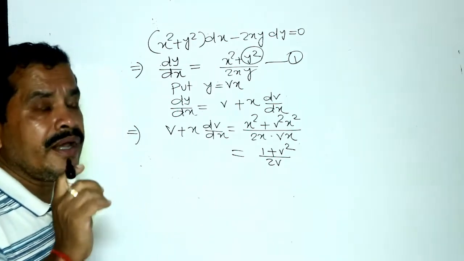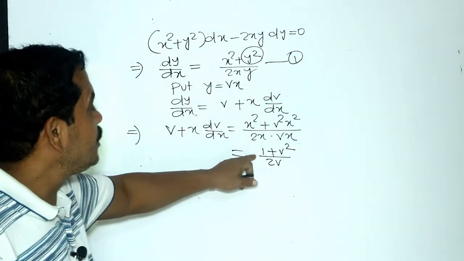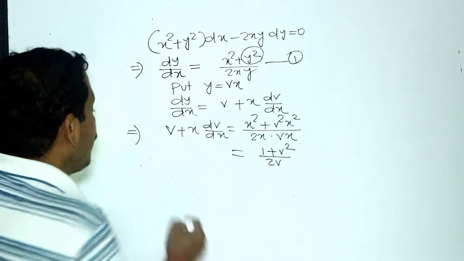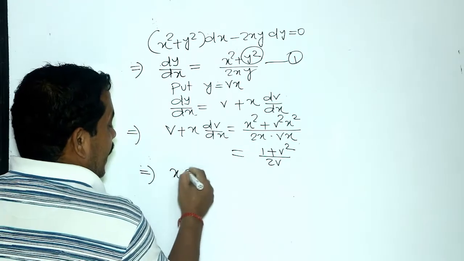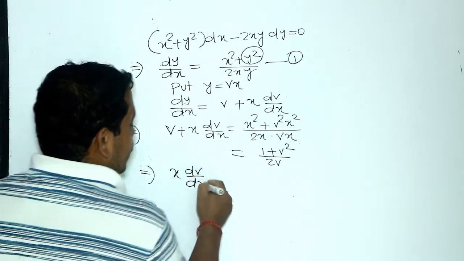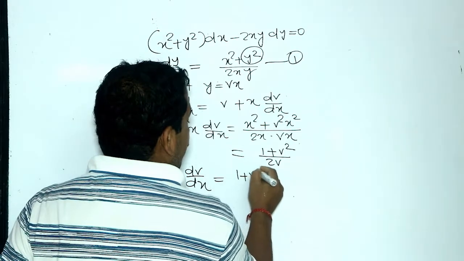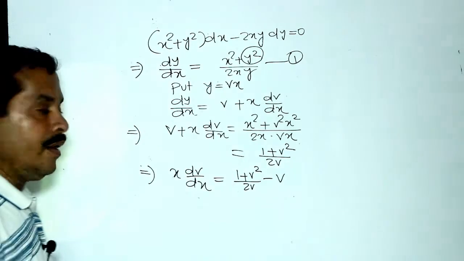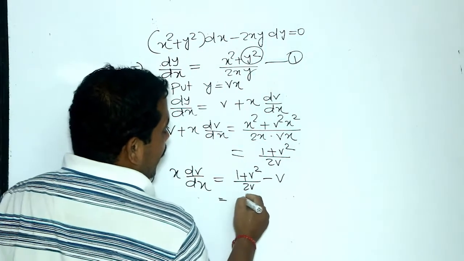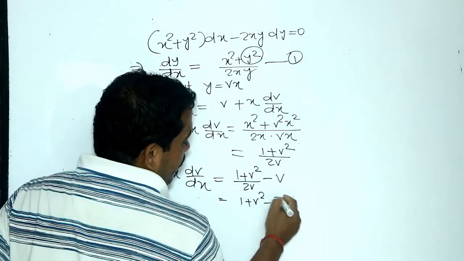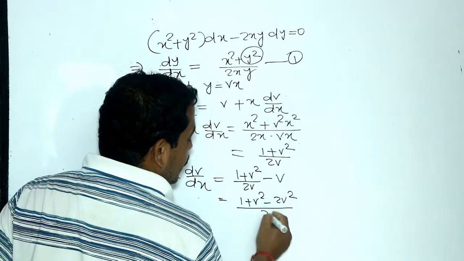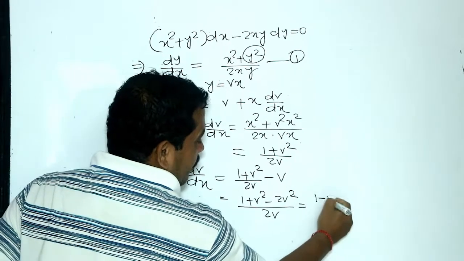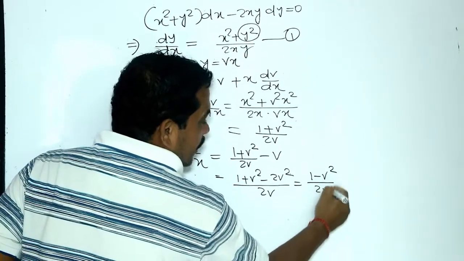So cancelling x², the right hand side is (1 + v²)/(2v). Then we find x dv/dx, which is (1 + v²)/(2v) − v. Then you simplify it: (1 + v² − 2v²)/(2v), which becomes (1 − v²)/(2v).